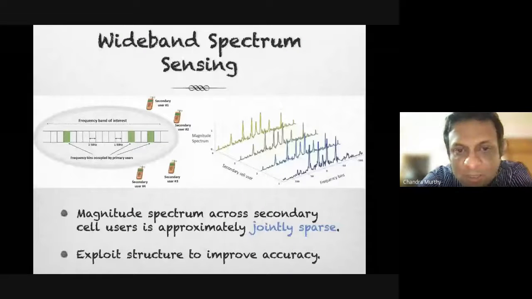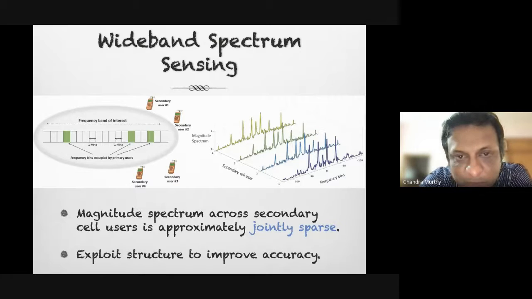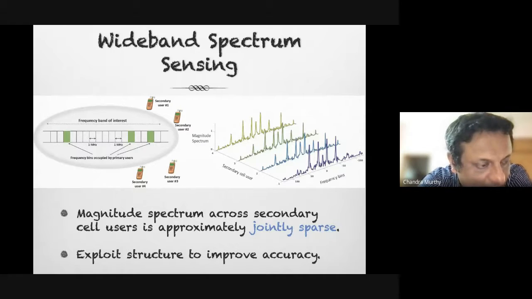When it comes to spectrum sensing, distributed or cooperative spectrum sensing is one of the popular approaches because of what is known as the hidden terminal problem. There are a bunch of primaries that are active, but the secondary is hidden behind a shadow, so it will not sense the primary.